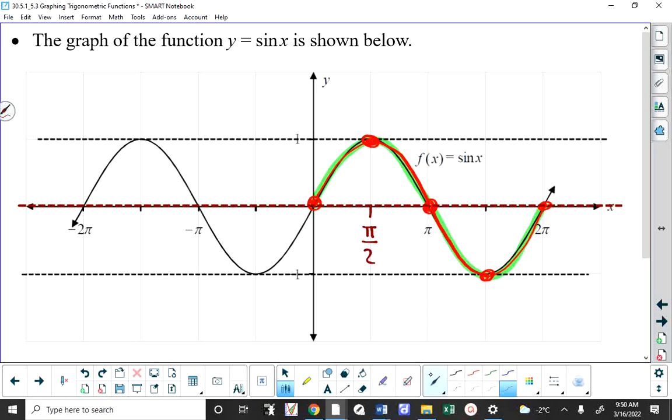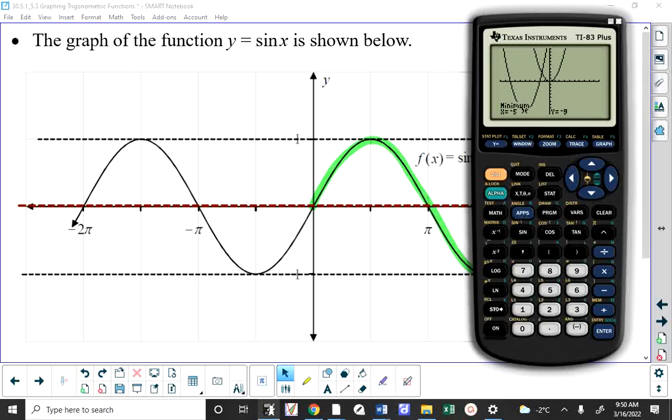You could make a table of values to explain this, but going, as I said, full circle back to the beginning, I said you just need to know that this is what it looks like. So one of the things I would say to you is you need to know that sine starts at the origin going up. But if you're ever stuck, I want everybody to grab your calculator right now, and I don't want you to worry about what mode it's in.